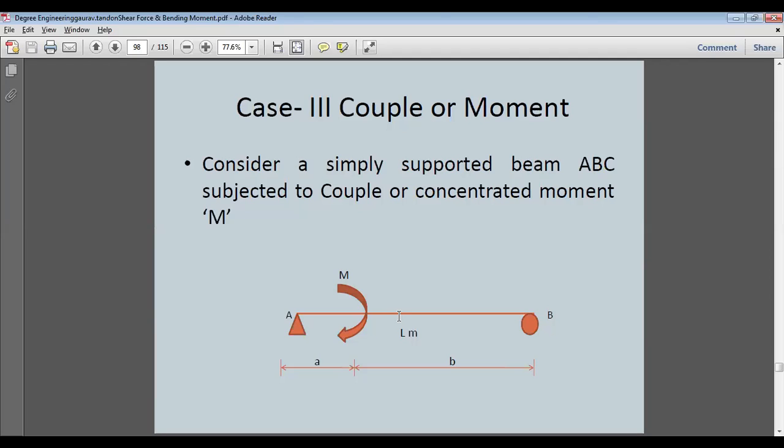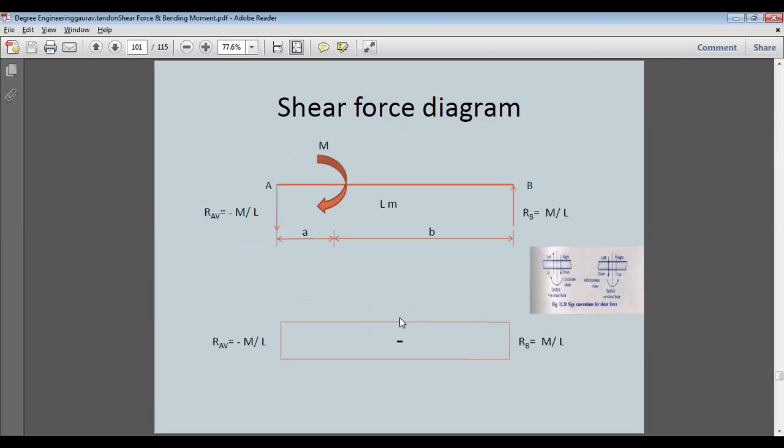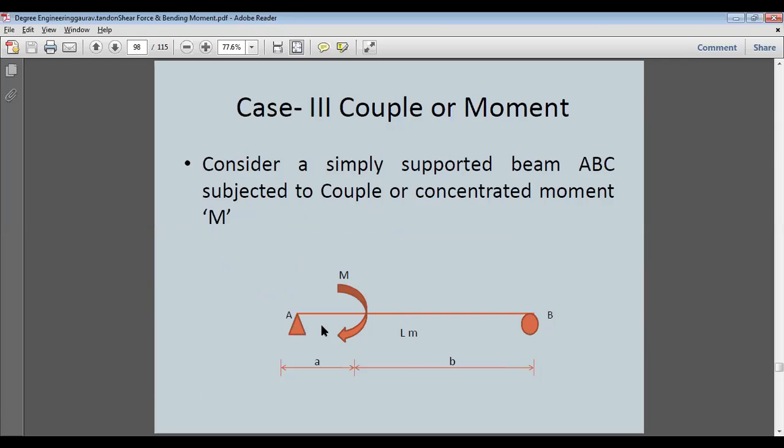So the bending moment will be negative. For shear force, we can see that it is also negative, because the left section is under a force that is acting downwards.